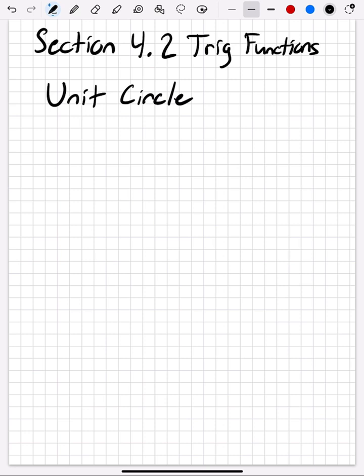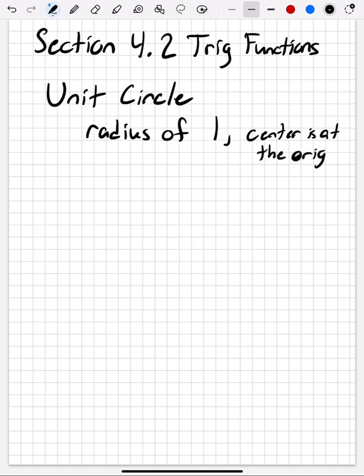Okay, but this unit circle has a radius of 1, and the center is at the origin. Okay. All right. So what does that mean? Well, let's just look at a rough sketch anyways.